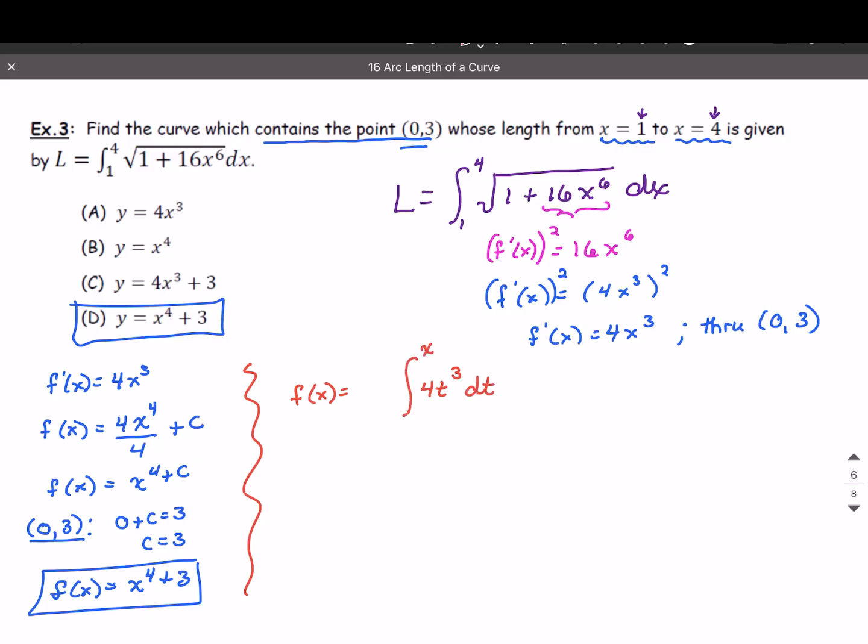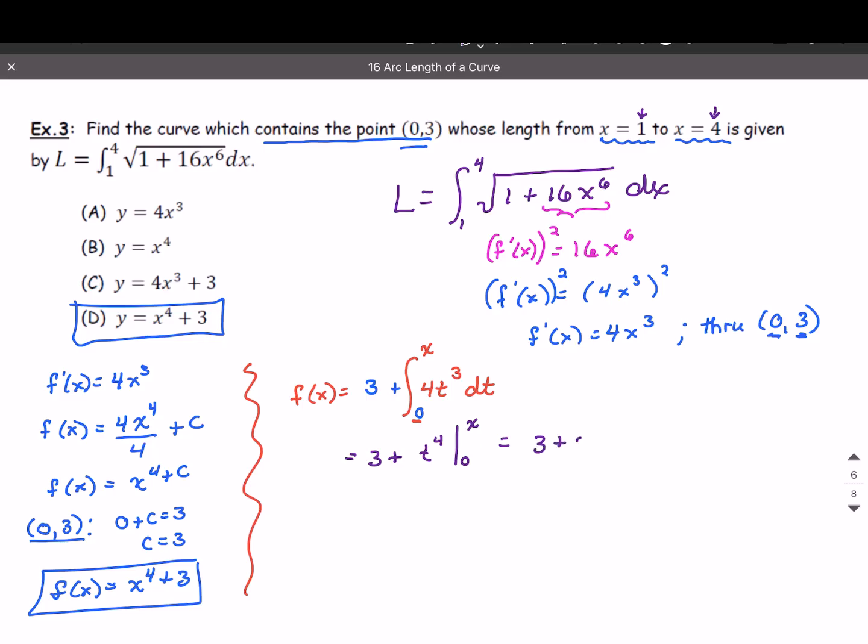Now the question is, what number do we start from? Well, the number we start from is this x value 0, and we add this y value 3, okay? So if we do this, we're going to end up with 3 plus, now the antiderivative of 4t to the 3rd is t to the 4th, evaluated from 0 to x.